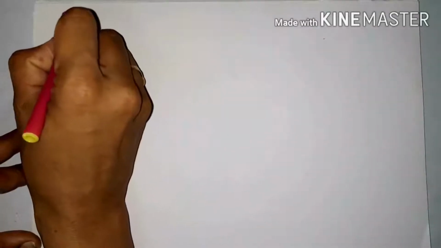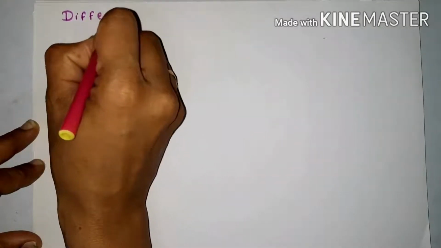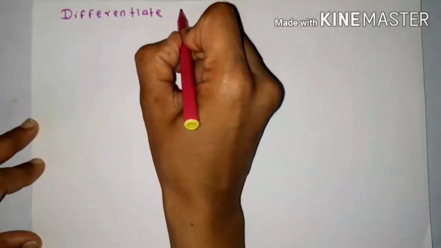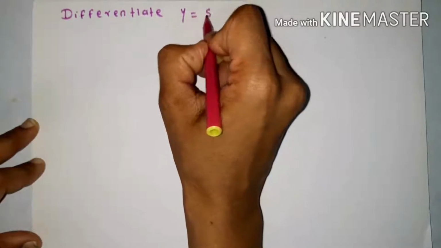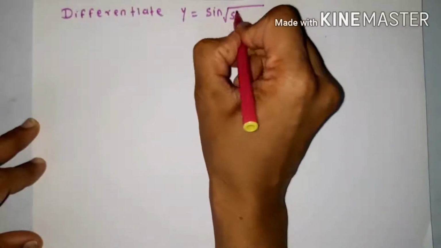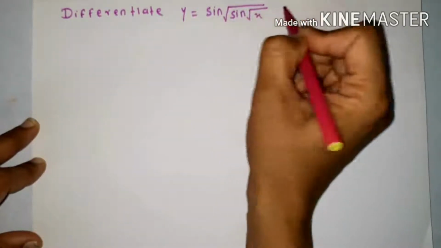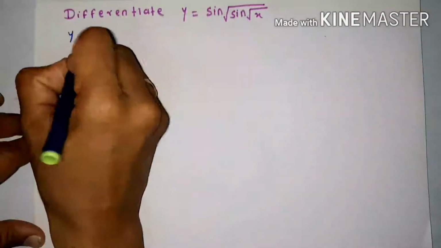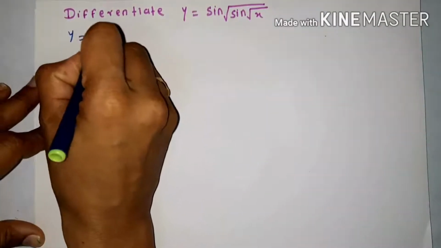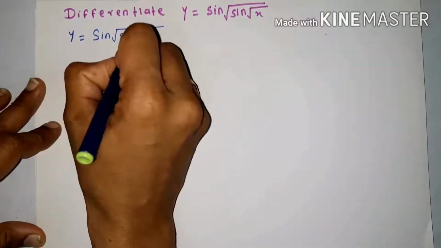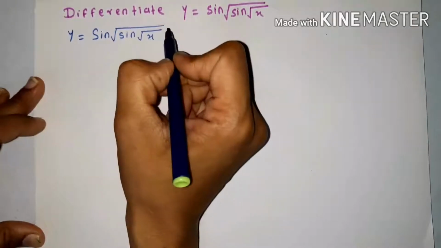Differentiate sine of square root of x. Okay, let's consider y equal to sine of square root of x.